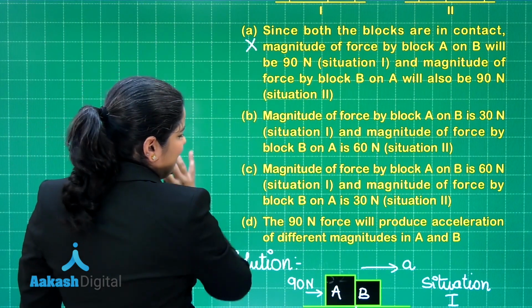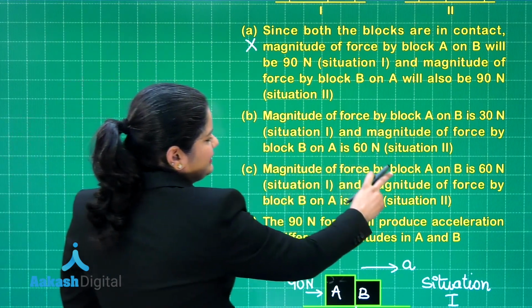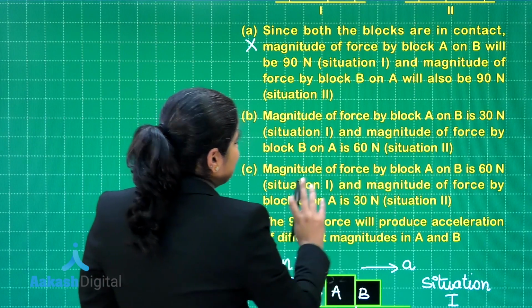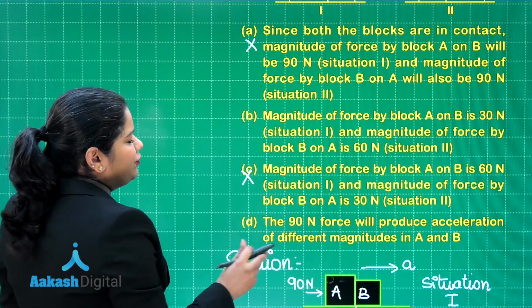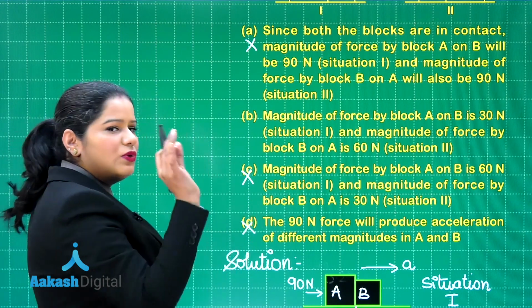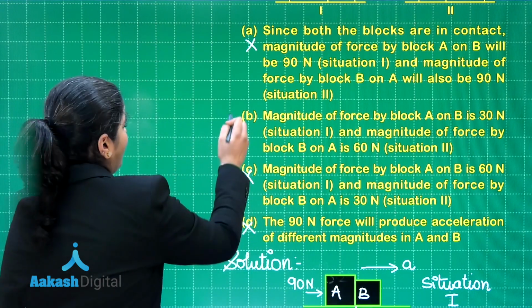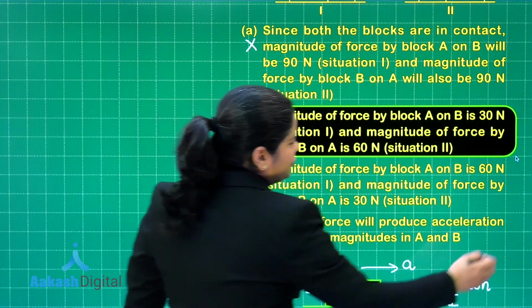Option B is correct. Option C says the magnitude of force exerted by block A on B is 60 Newton. The 90 Newton force will produce an acceleration of different magnitudes in A and B, which is also incorrect. So the only correct option is option B. I hope this question is also very clear to you guys.